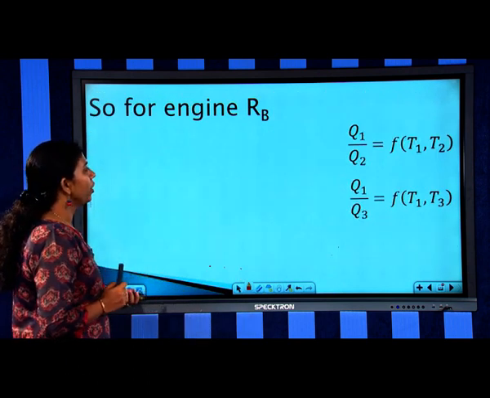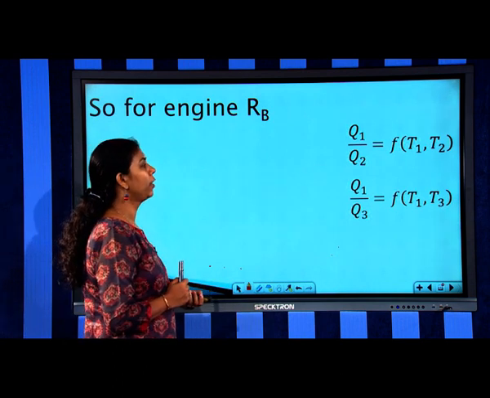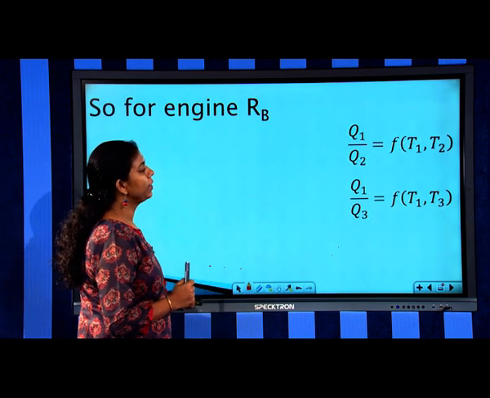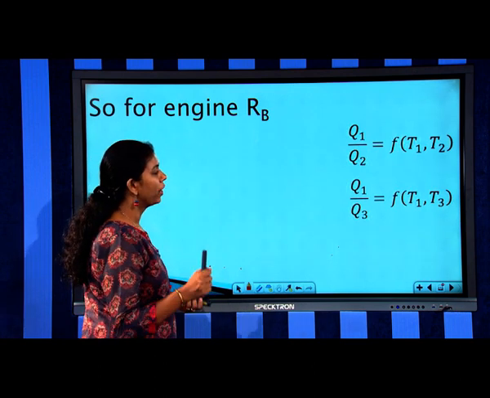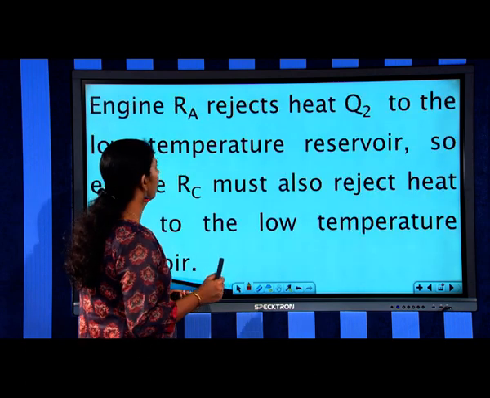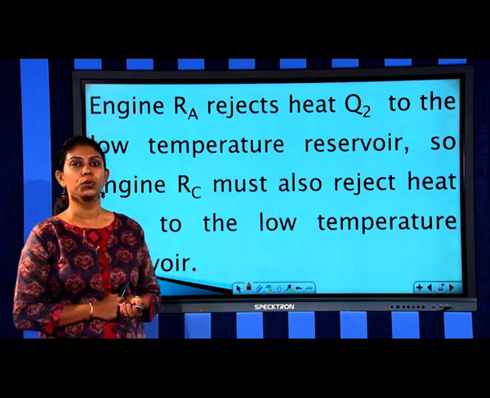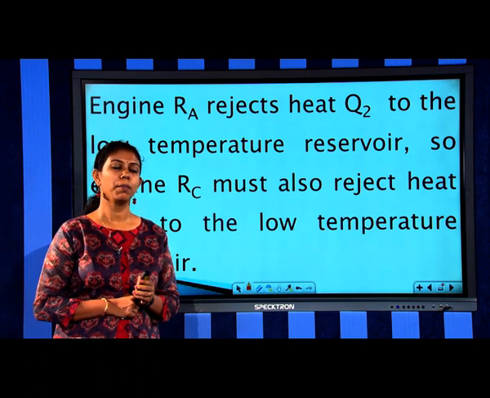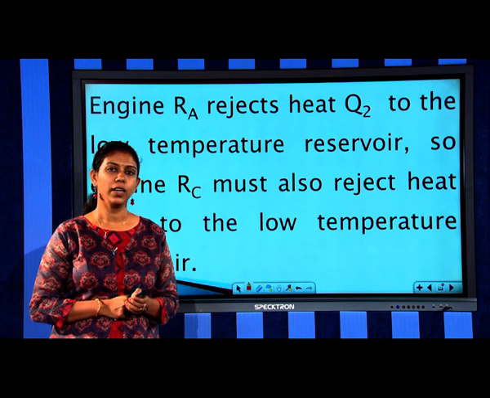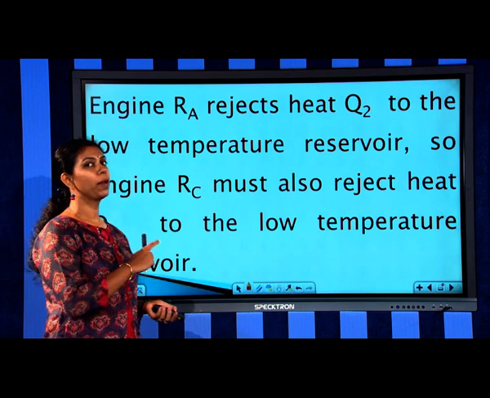So for engine RB, Q1 by Q3 is a function of T1 and T3. Engine RA rejects heat Q2 to the low temperature reservoir, so engine RC must also reject heat Q2 to the low temperature reservoir. This is clear from that figure.